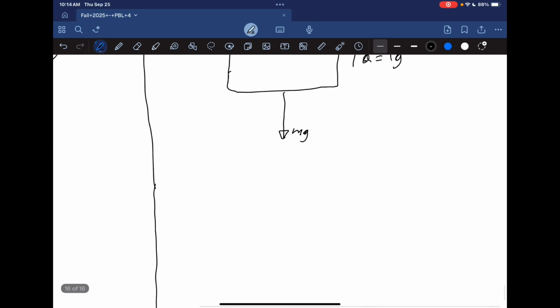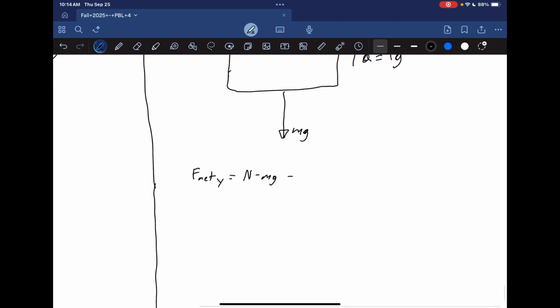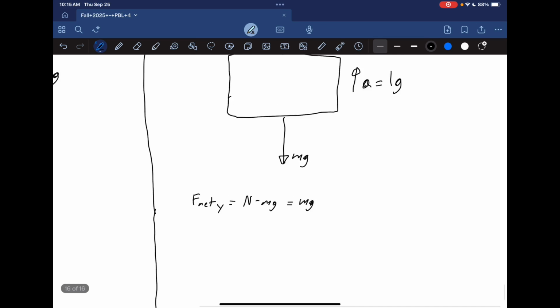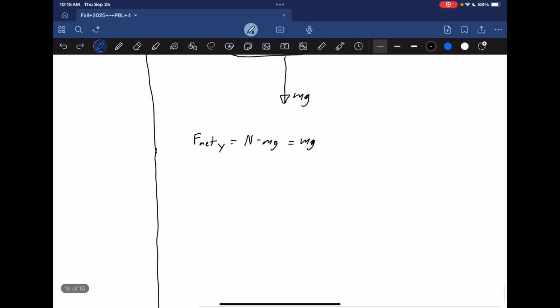For the valley, you use the exact same method. For F net in the y direction, we still have N minus mg. Those are the only two forces acting. And then that is going to equal positive mass times gravity, because this is 1g in the positive direction.